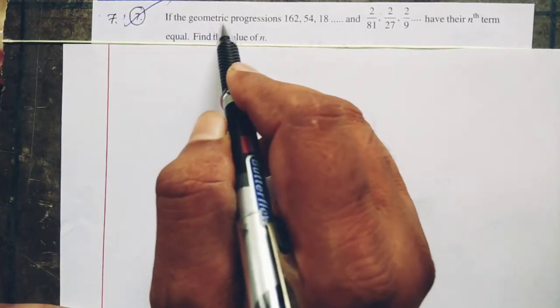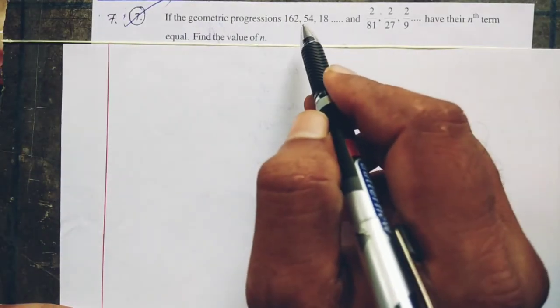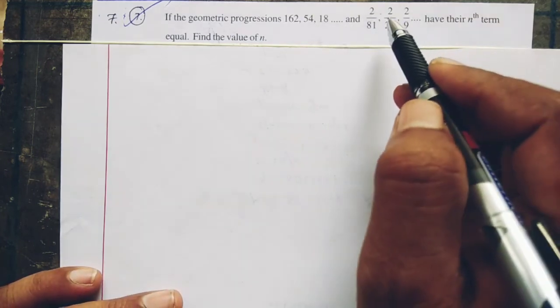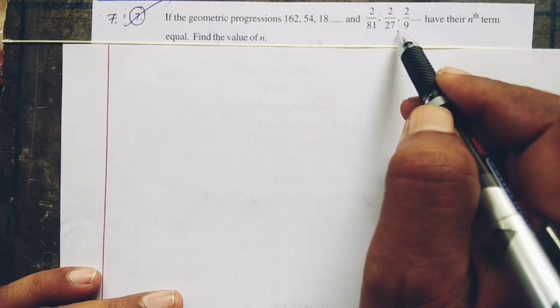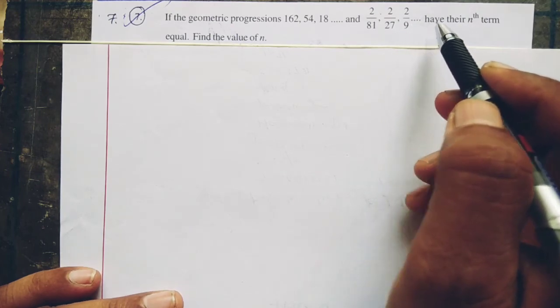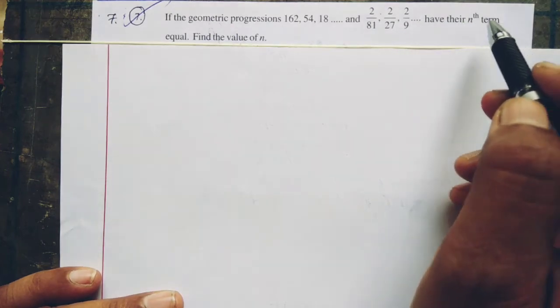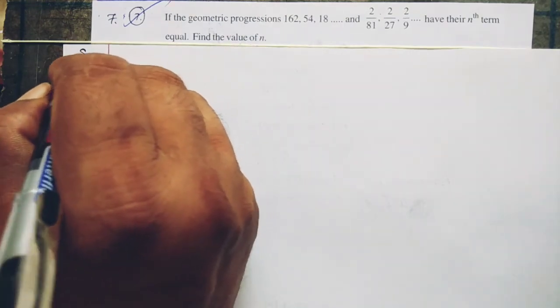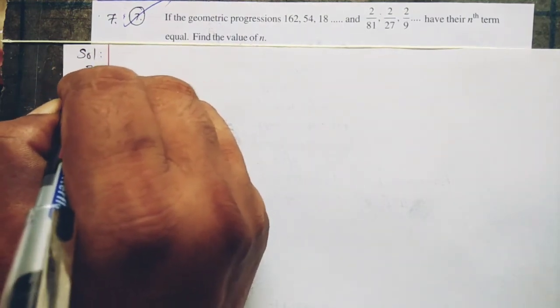Seventh problem: if the geometric progressions 162, 54, 18 and so on and 2 by 81, 2 by 27, 2 by 9 and so on have their nth term equal, find the value of n. Solution for the seventh problem.